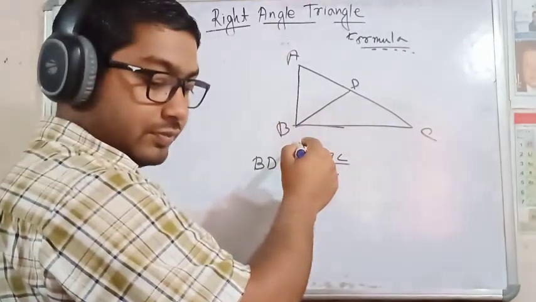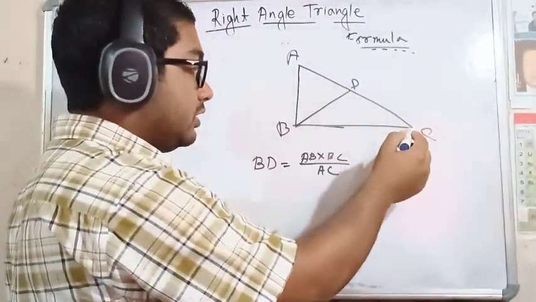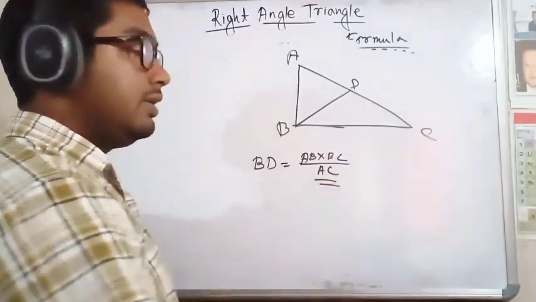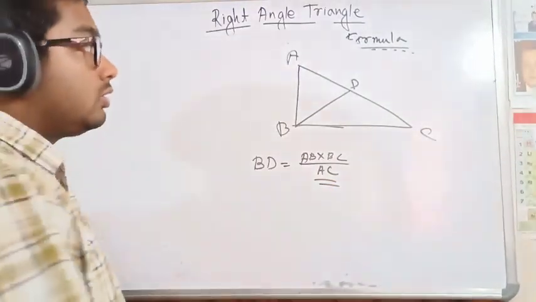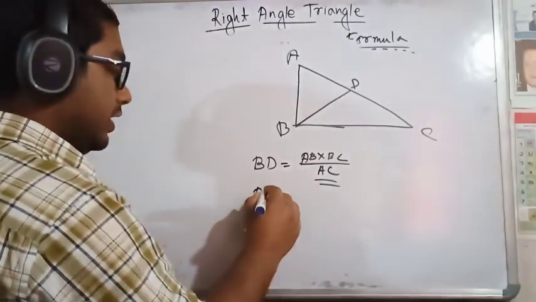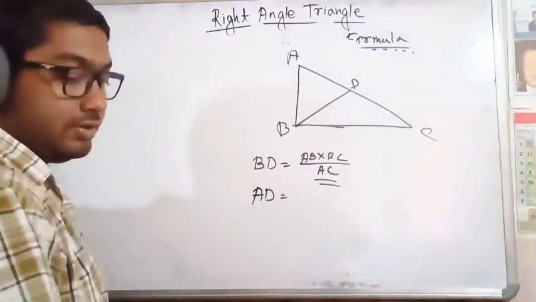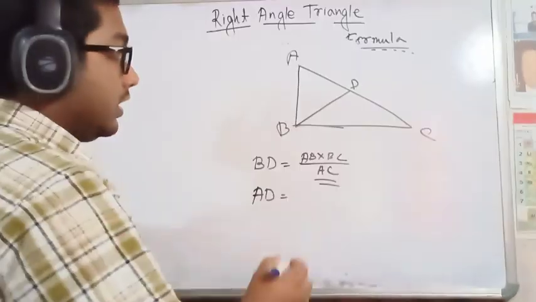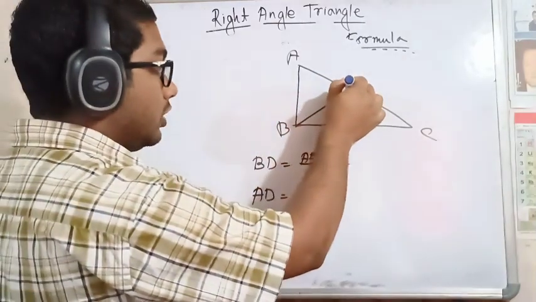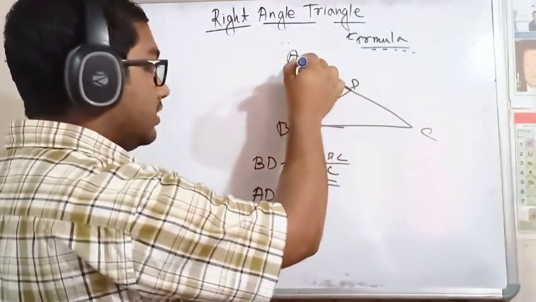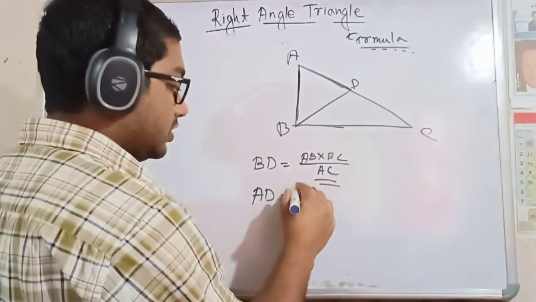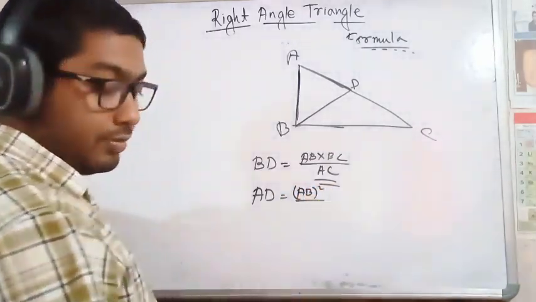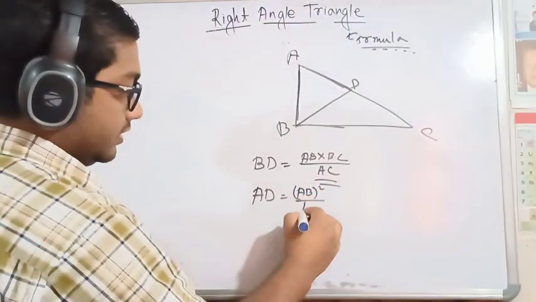AB into BC by hypotenuse. Okay. Or you find the formula of AD. How to find it? You must understand that when you are talking about this side, then take the nearest side of this. So make a square of this side, AB square by AC.